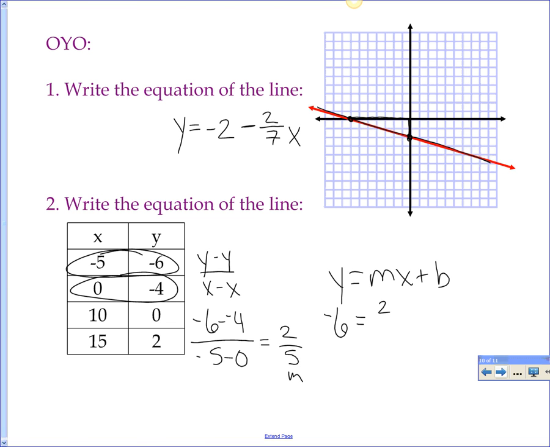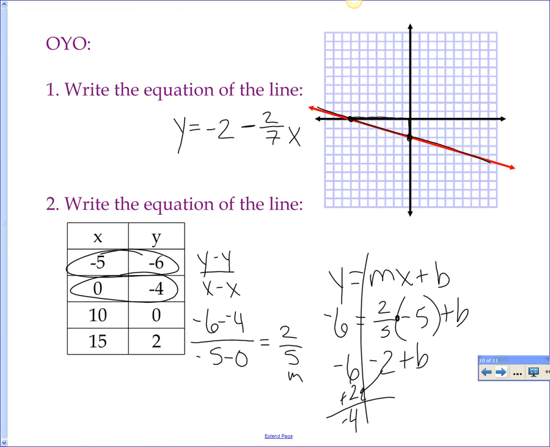We're going to let m be 2/5. And x is -5. Multiply these, you get -2. And when you bring it over here, you add 2. So -4 equals b. So your final answer is y equals 2/5 x minus 4. How'd you do? I hope you did well.